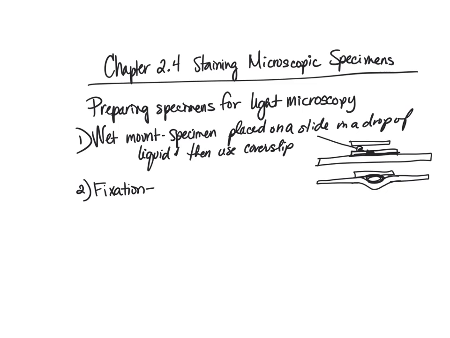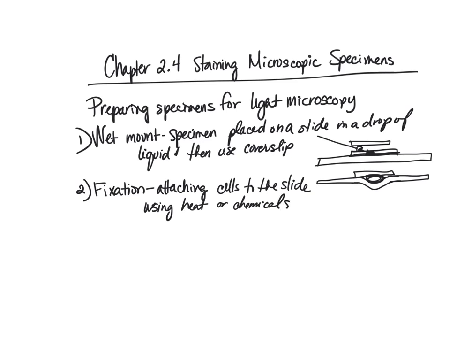In fixation, we are fixing the cells to the slide by using either heat or chemicals. So in this case, we are attaching the cells to the slide using heat or chemicals. When we are utilizing heat fixation, this is often what is used when we're doing staining.